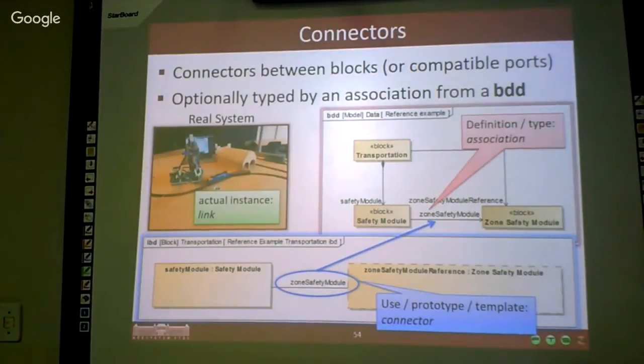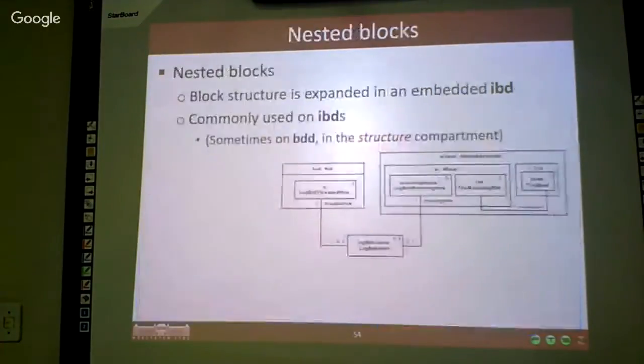So here you can see the association connector, that is the template for the links. And you can nest the blocks into each other. So you can use additional IBDs to define the hierarchy, and it is commonly used.